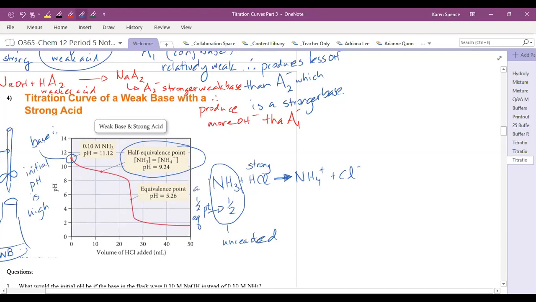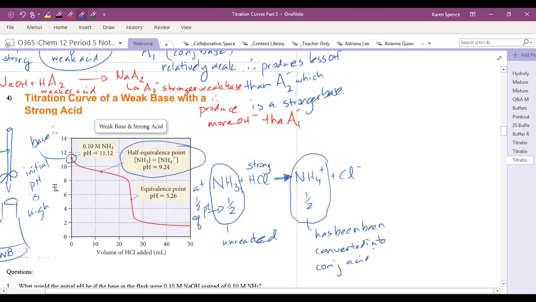So at the half equivalence point, we have half of the NH3 which has been unreacted, and half has been converted into the conjugate acid.